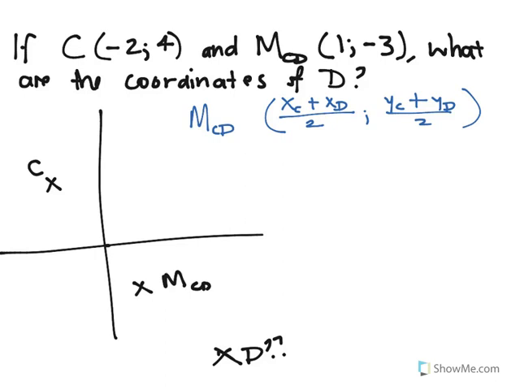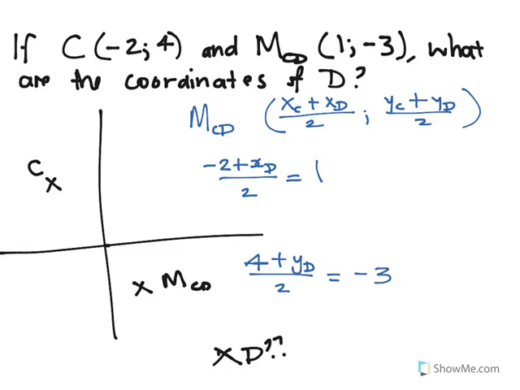And so we know that essentially -2 plus the x coordinate of D divided by 2 is equal to 1, right? And 4 plus the y coordinate of D divided by 2 is going to be equal to -3.